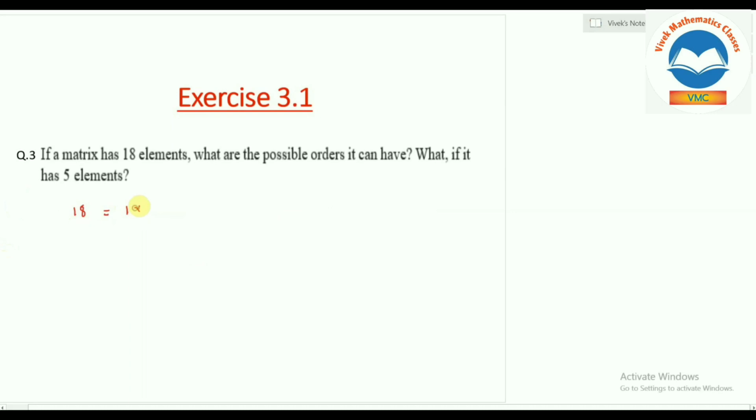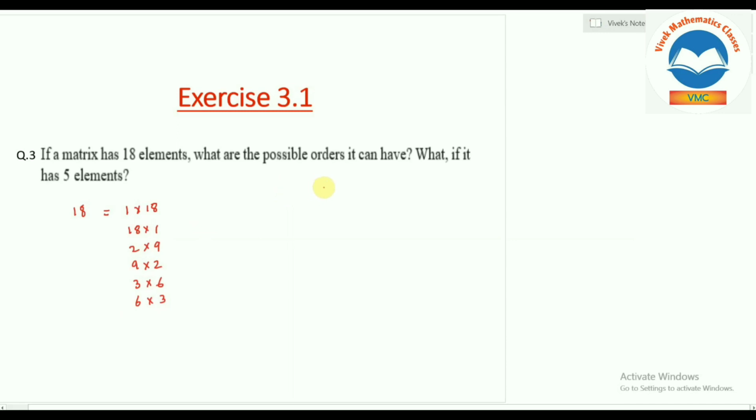First we write 1 cross 18, next 18 cross 1, then 2 cross 9, 9 cross 2, and 3 cross 6 and 6 cross 3. So these are the orders for 18 elements: 1 cross 18, 18 cross 1, 2 cross 9, 9 cross 2, 3 cross 6 and 6 cross 3.